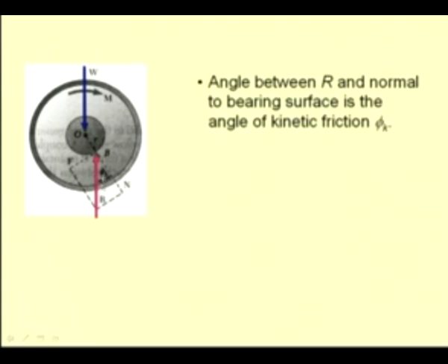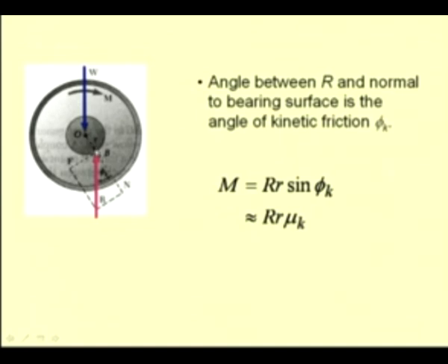The angle between R and the normal, as we have seen, is phi k, and so we can write the moment caused because of this resultant R as R times small r, which is the radius of the axle, times sine phi k.